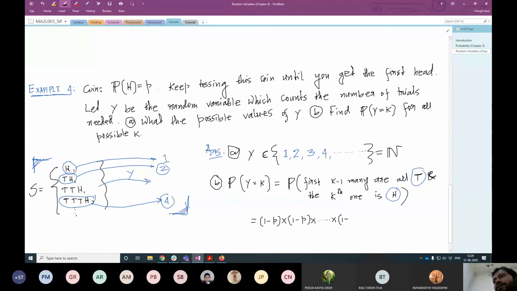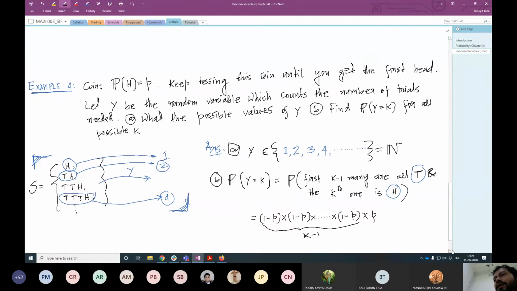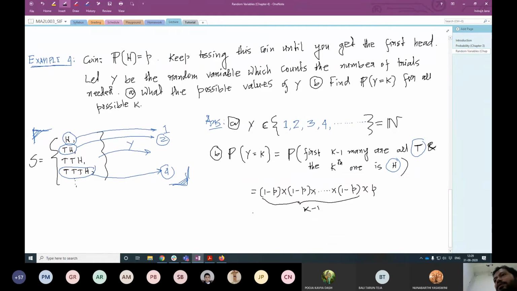And the K minus 1th trial is also tail, which is 1 minus P. But the last trial is head, so this is P. The probability is 1 minus P to the power K minus 1 times P.